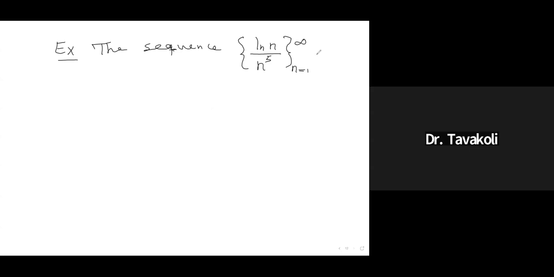A, it converges to a finite number, or B, it diverges. So which one is correct?